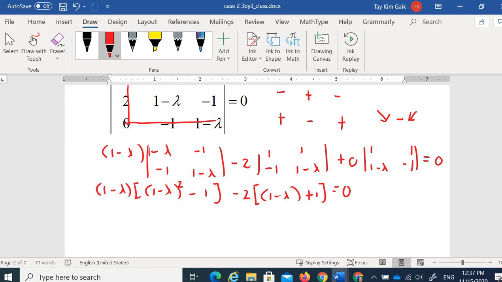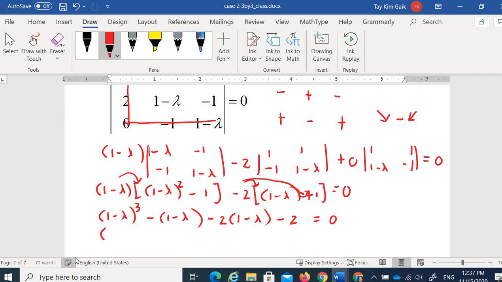So when you expand it, we have 1 minus lambda cubed, so minus 1 minus lambda, so minus 2 times, when you expand inside here, 1 minus lambda minus 2 equal to 0.